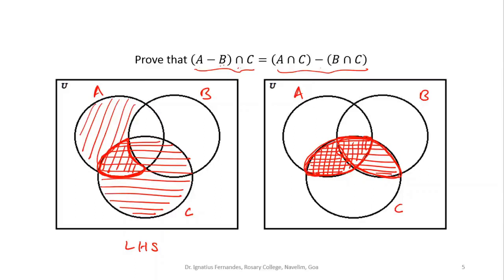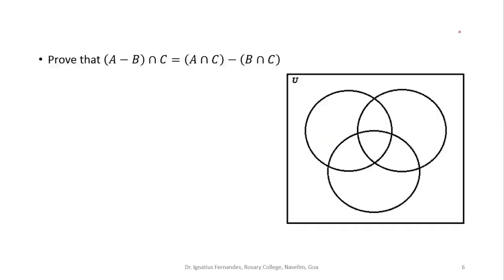These are the elements which are not in B intersection C. So this is the part that we get as the right hand side, and this part is the same one that we got here on the left hand side. So using Venn diagram we have proved that the left hand side is equal to the right hand side, and hence this result holds. Now let us prove it by using definition.